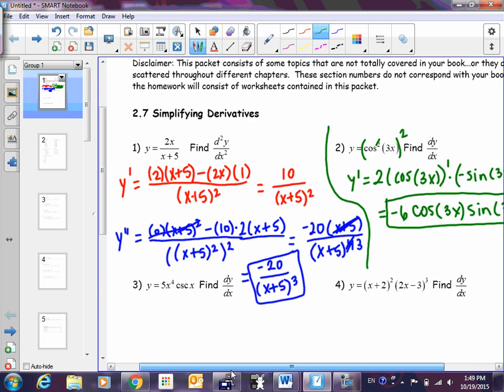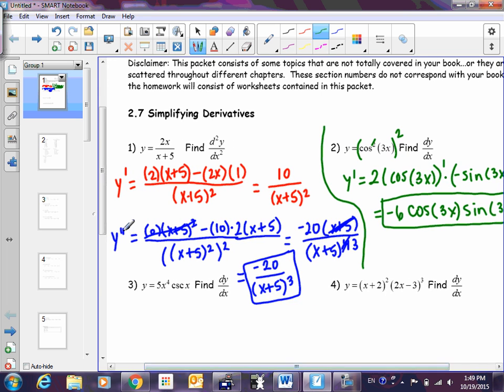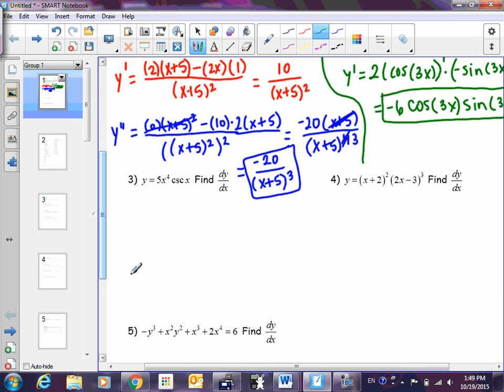Okay, so let's look at number 3. What's happening with number 3? Product. Okay, so I got the 5x to the 4th and the cosecant x. So go ahead and do this one on your own.